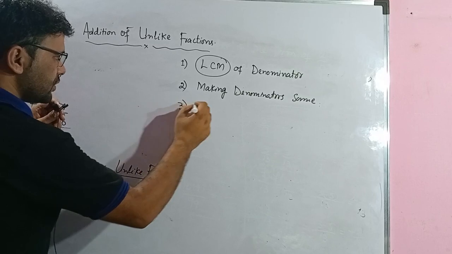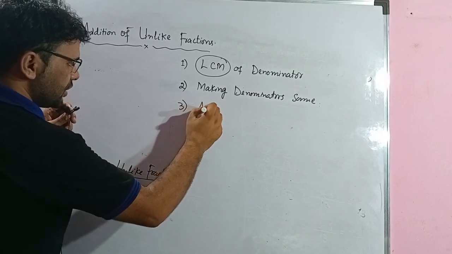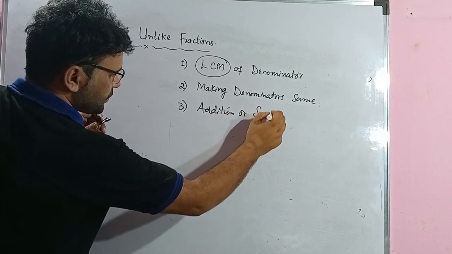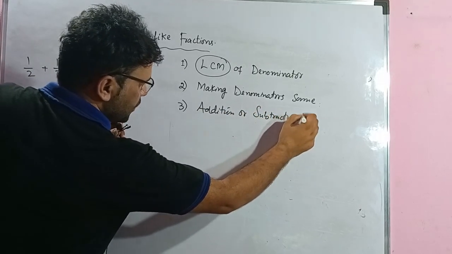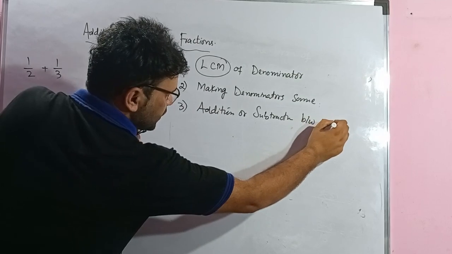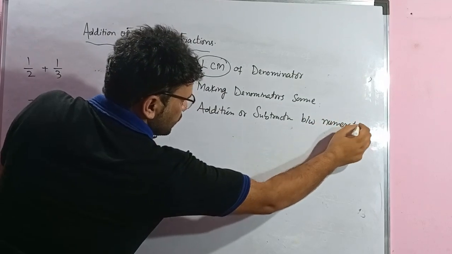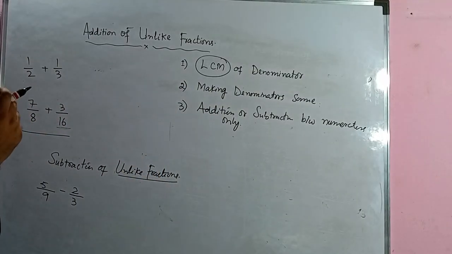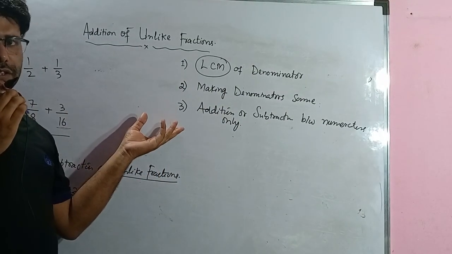Then third is we are doing addition or subtraction between numerators only, because once we make the denominator same, they will be like fractions.